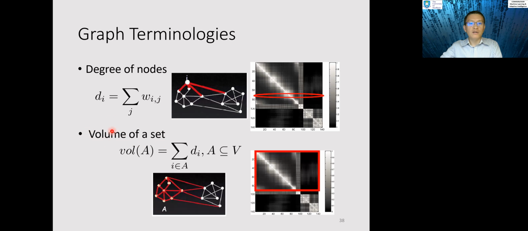That is defined for a set of nodes, for example, set A over here. It is defined by the summation of the degrees for all the nodes belonging to the set. That is equivalent to a square in the similarity matrix, including all the nodes for that set. So it is the volume.